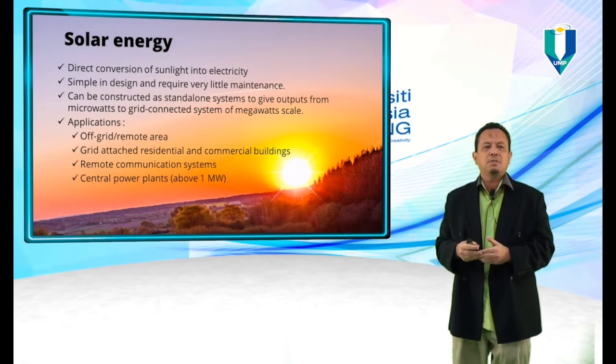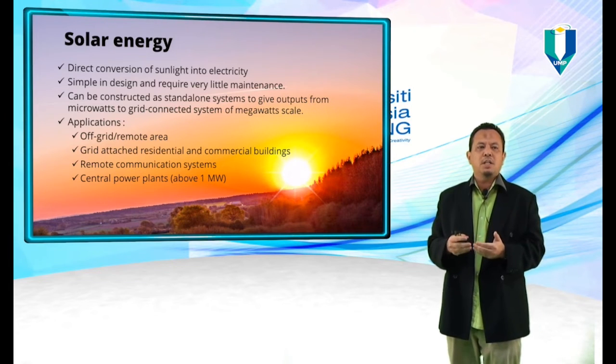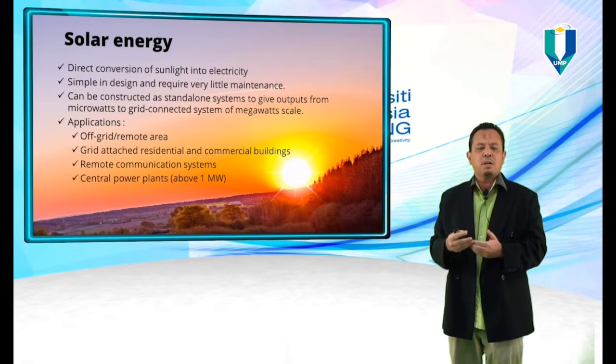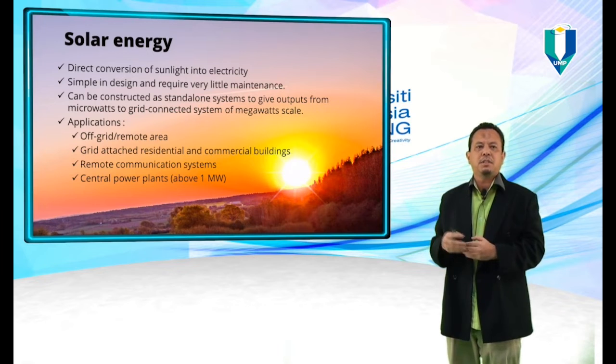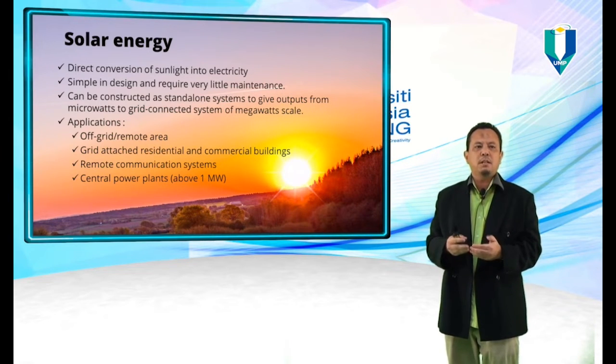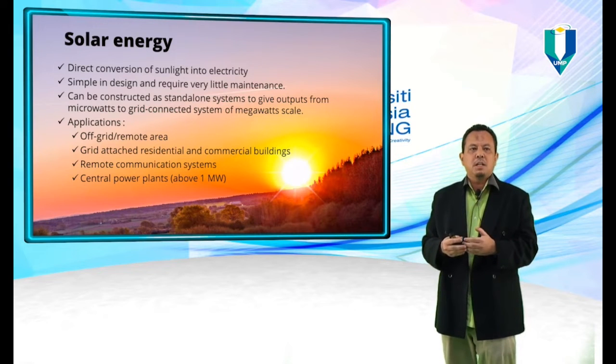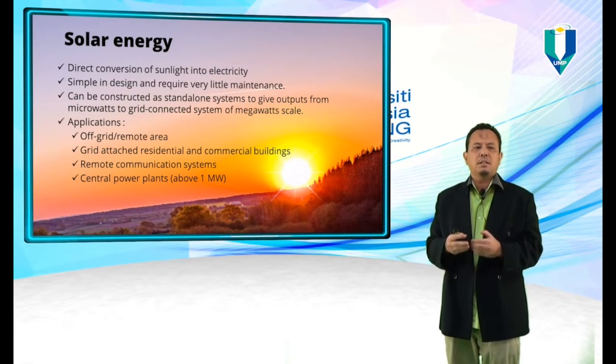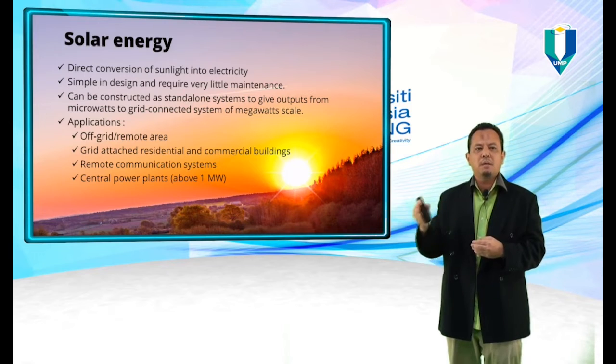The applications of solar energy that we have nowadays, number one is off-grid or remote areas. It also can be found in grid attached residential and commercial buildings. It also can be found in remote communication systems, and normally at central power plants above 1 megawatt.